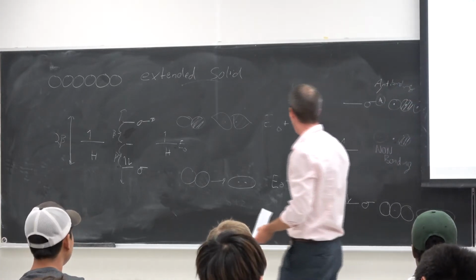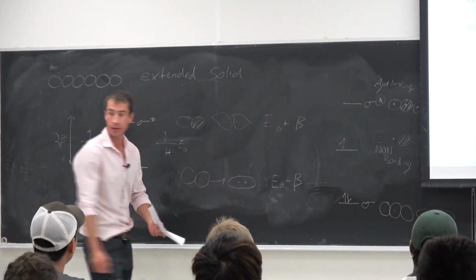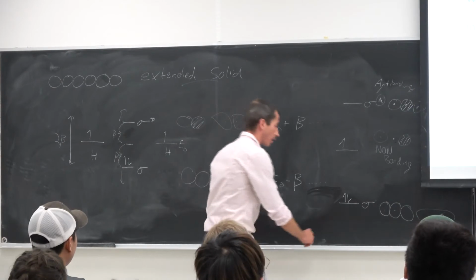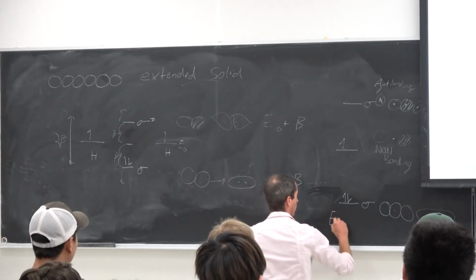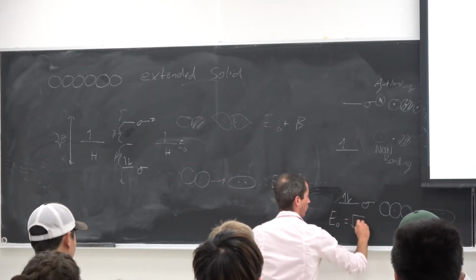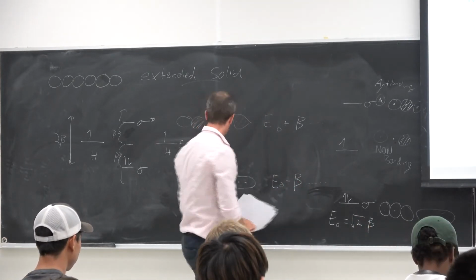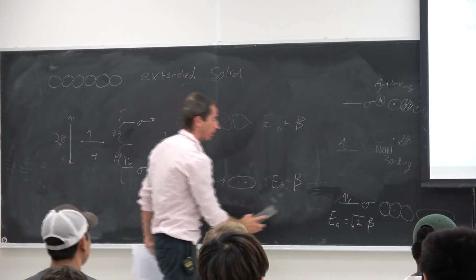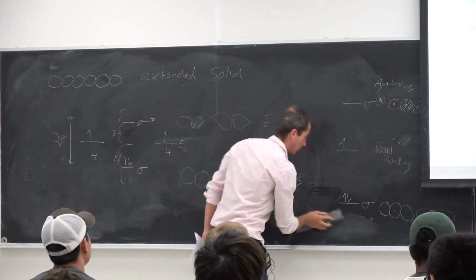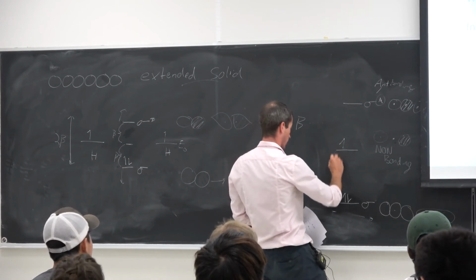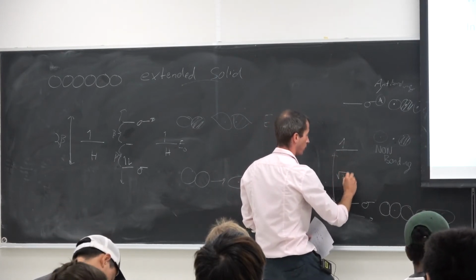So now it equals it. These then are going to become the square root of 2 times beta. Well, wait, that's not right. This distance is the square root of 2 times beta.